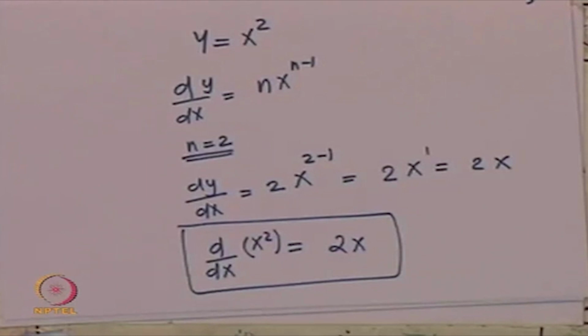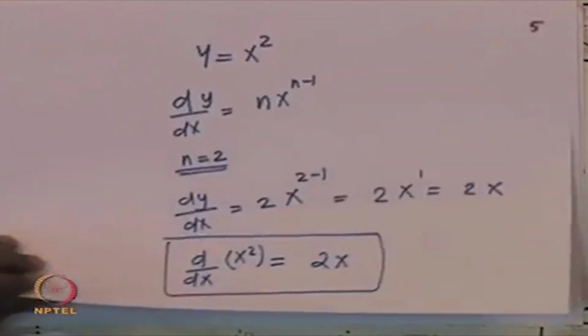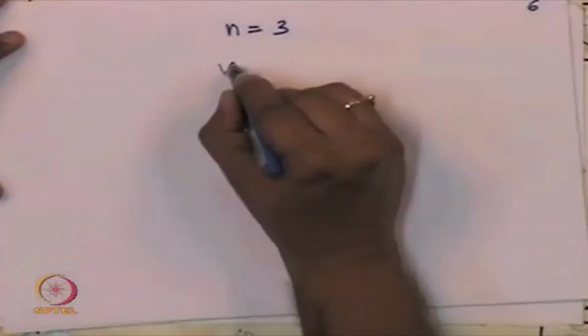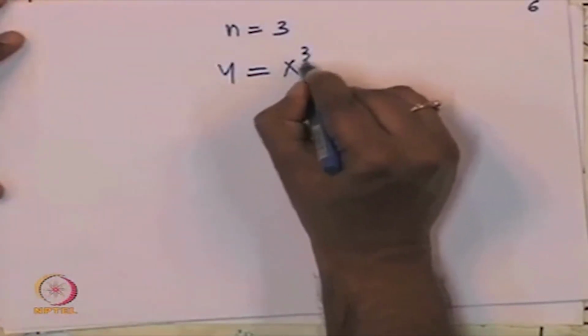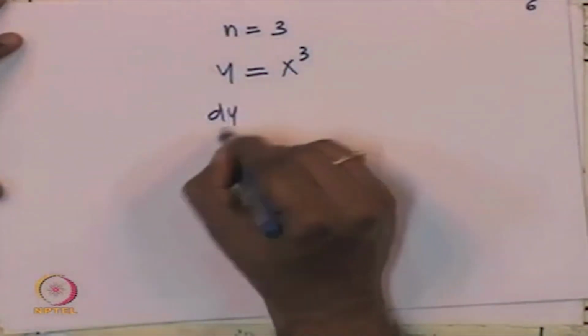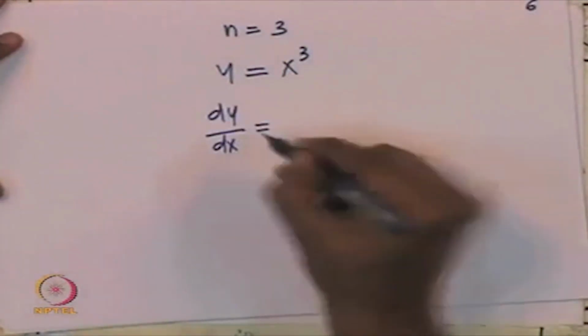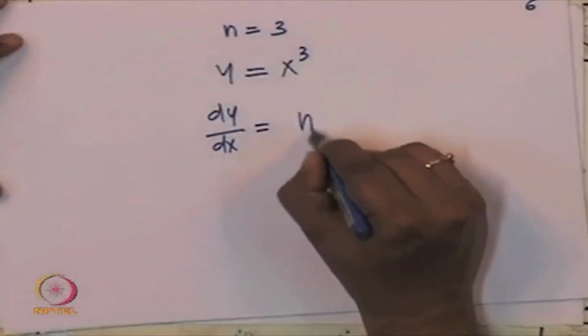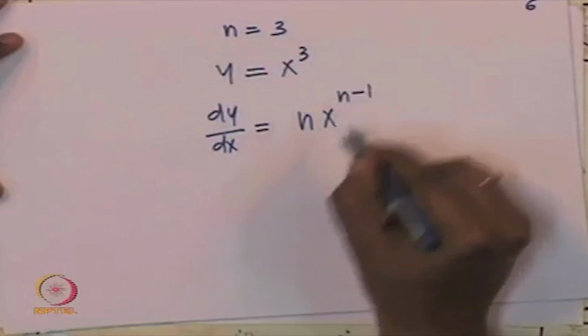Let us apply this rule when n is equal to 3. So now the next case, n is equal to 3. That means y is x power 3. dy by dx, according to the rule we learned, is n x power n minus 1.